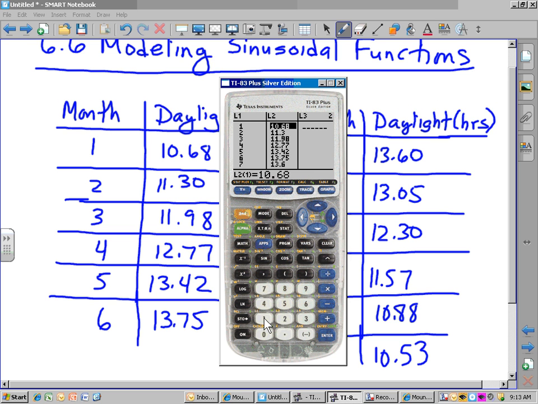Now I have the data already typed in. In List 1, we're going to put the months, 1 through 12. In List 2, we're going to put the number of daylight hours that corresponds to each month. So go ahead and type those in.